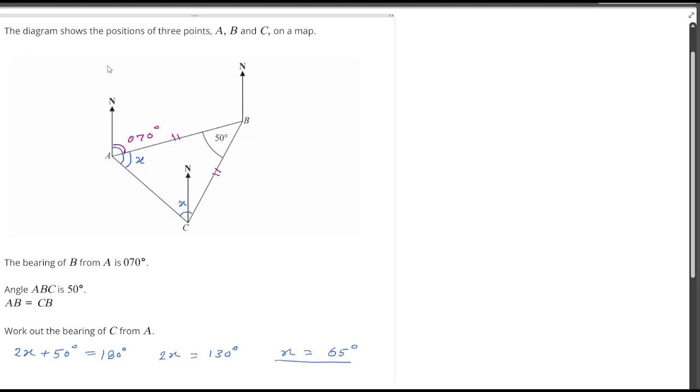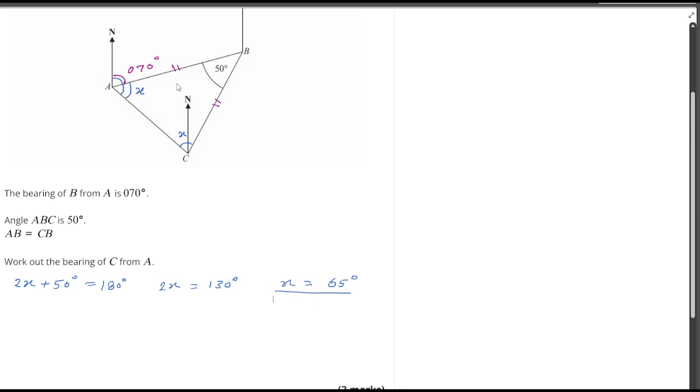Now we have to work out the bearing of C from A. x I already found, so my required bearing will be 70 degrees plus 65 degrees.